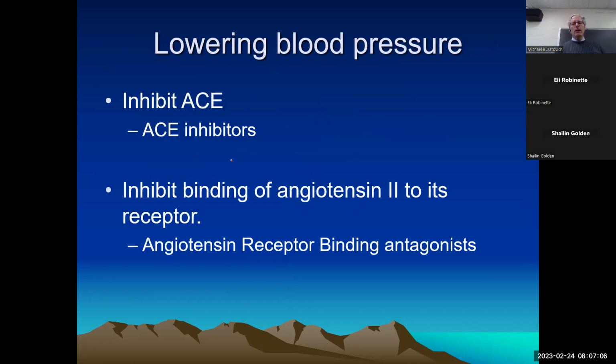So to lower blood pressure, you inhibit ACE with ACE inhibitors. ACE inhibitors all end with the suffix -pril. And the angiotensin 2 receptor blockers all end with the suffix -sartan.